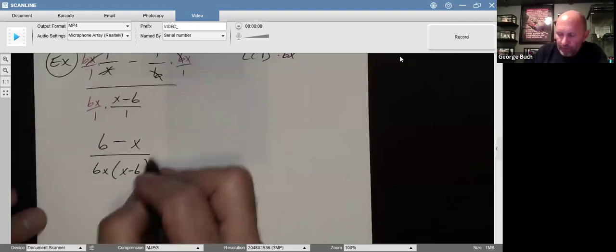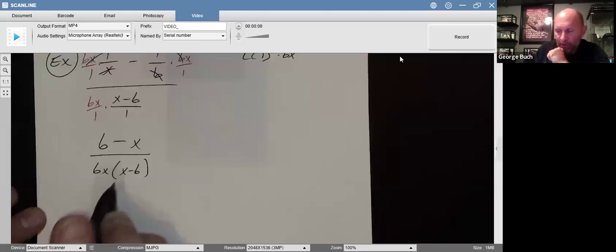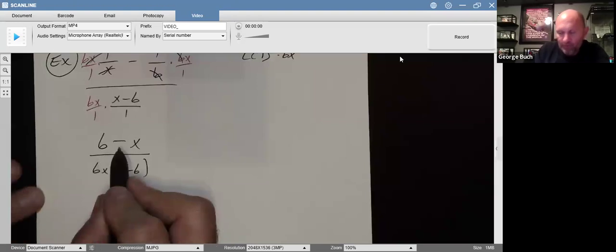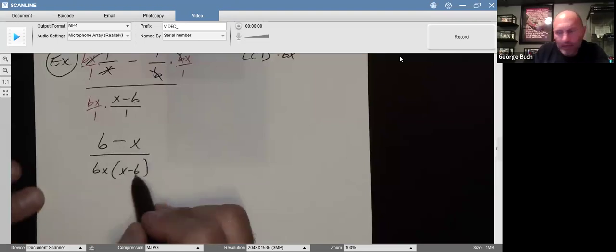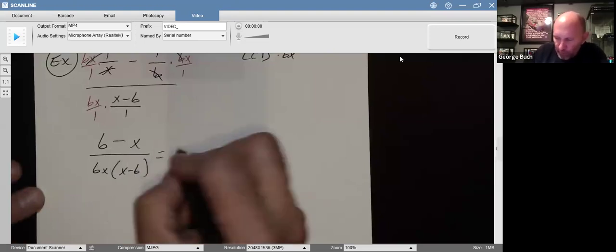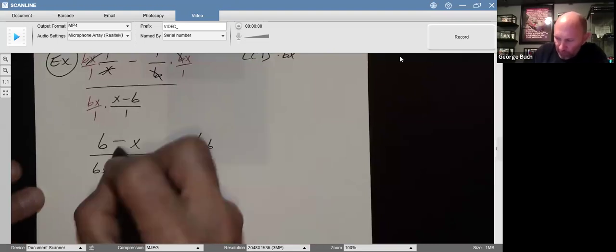So can I cancel anything here? No, I cannot. Because I have x minus 6 down here, but I have 6 minus x in the top. So it's the opposite of what's down here. So I can do what? I can factor out a negative 1, which leaves me with what? Minus 6 plus x.